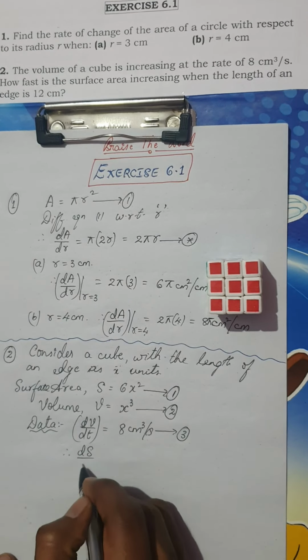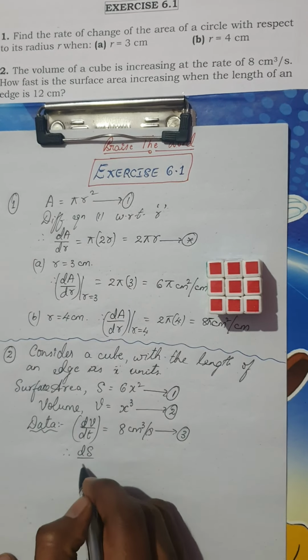Now, I am going to differentiate equation 2. Differentiating equation 2 with respect to t. Remember, with respect to t. Therefore, dV by dt is nothing but, what is the derivative of x cube?